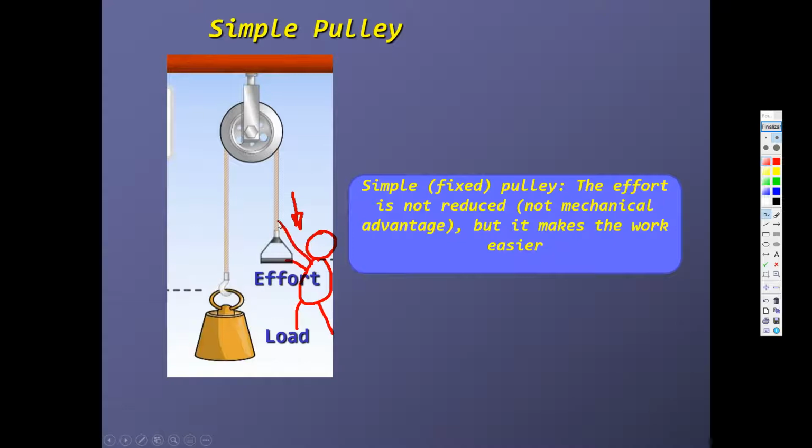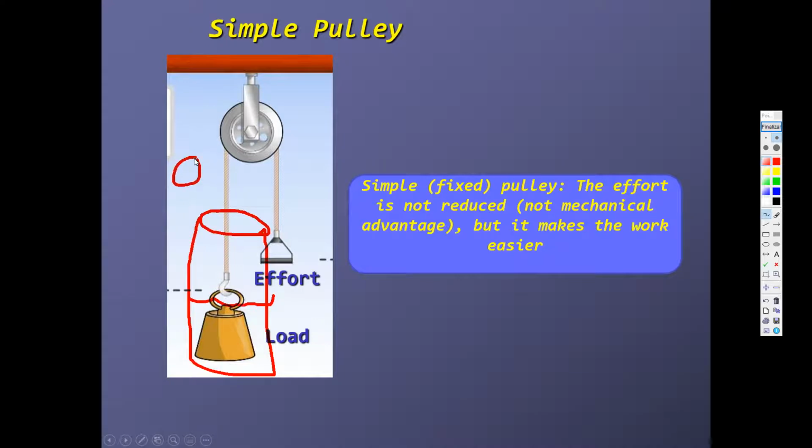Pulling from here is easier for you than if this is the well, and you have the water here, and you are here, and you have to pull the rope to lift the weight. Doing this is far more difficult because you can damage your back or whatever, than pulling from this side. So as a summary, a pulley has no mechanical advantage, but it makes our life easier.